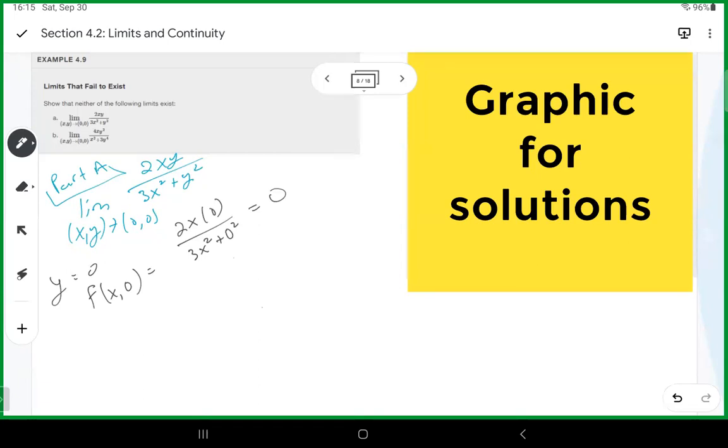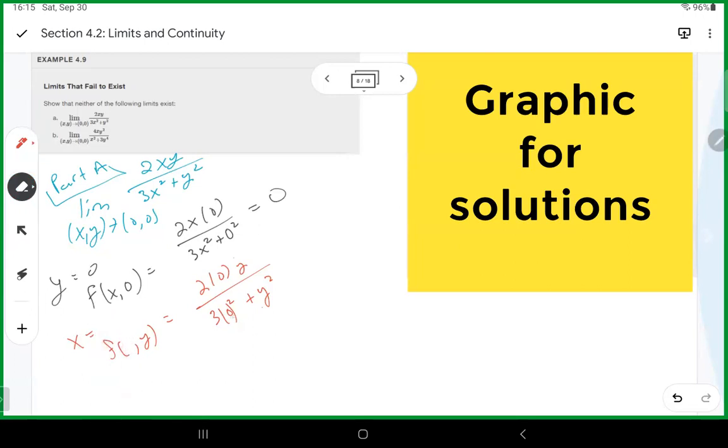Next, we're going to consider what happens if we do x equal to 0, or f of (0, y). Oh, oops, I apologize.